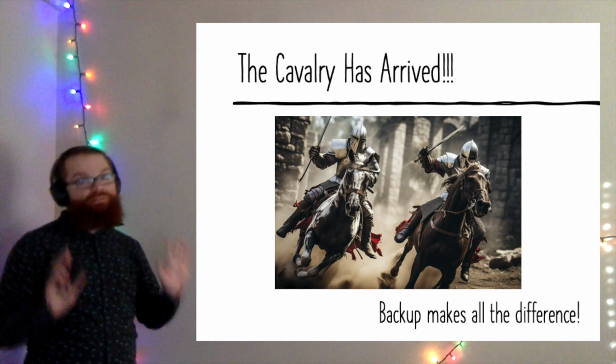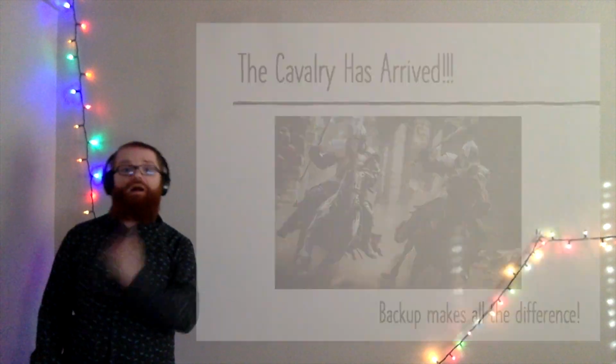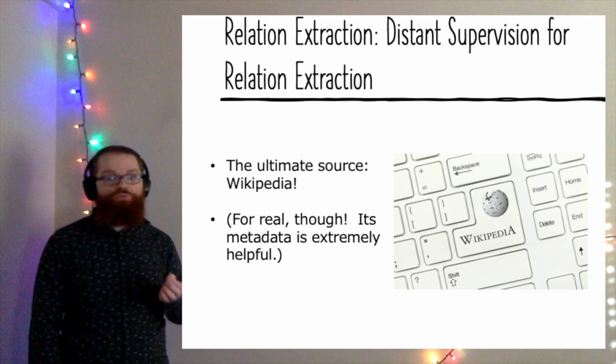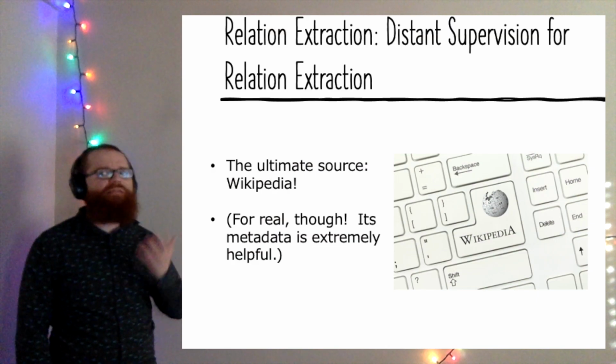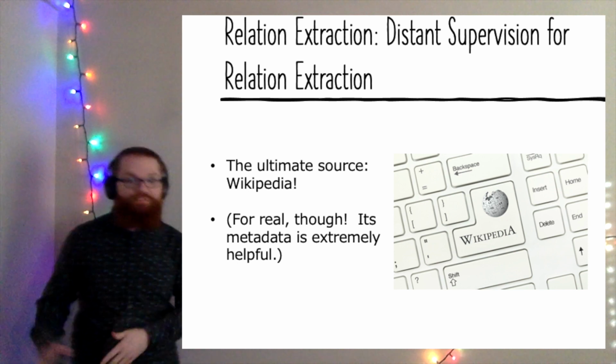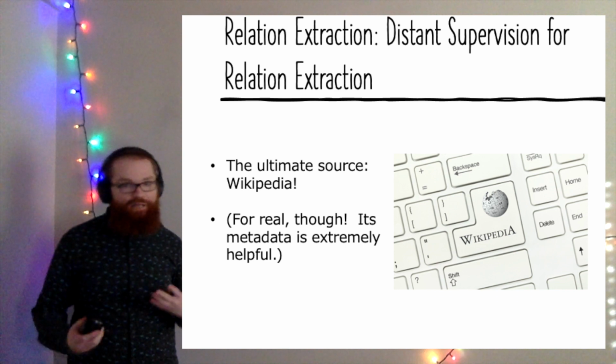This is the final example given in the textbook, which has the official sounding name of distant supervision for relation extraction. This uses external databases, such as, for example, Wikipedia metadata on individuals and items to label things and get a jump start on identifying certain items.